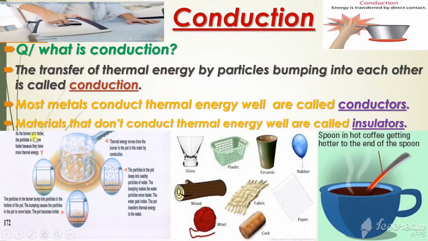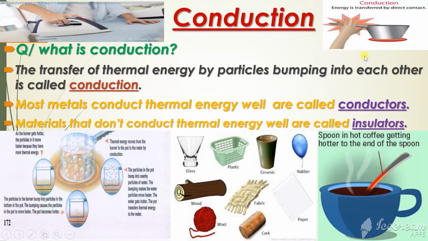But number 2, another type of conduction: insulators. Materials that don't conduct thermal energy well are called insulators. Examples of insulators: glass, plastic, wood, wool, cork, paper, rubber.